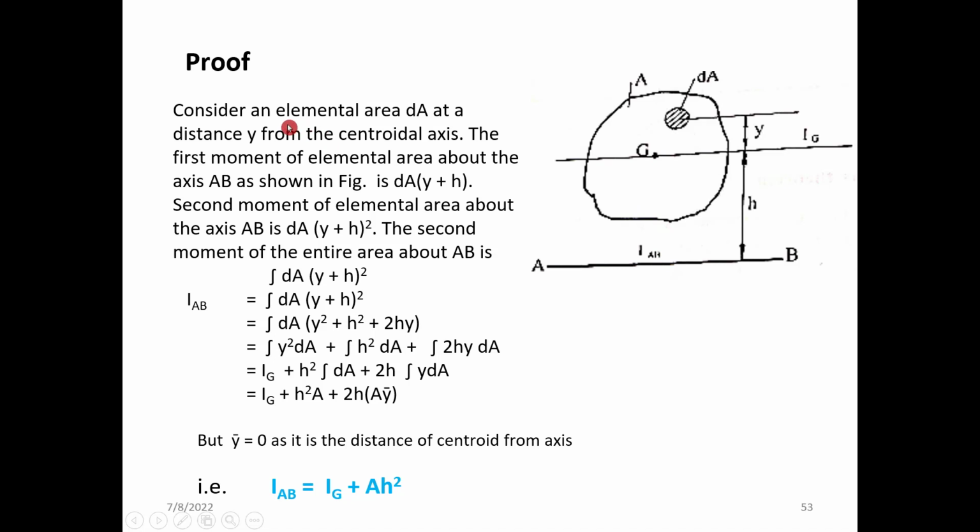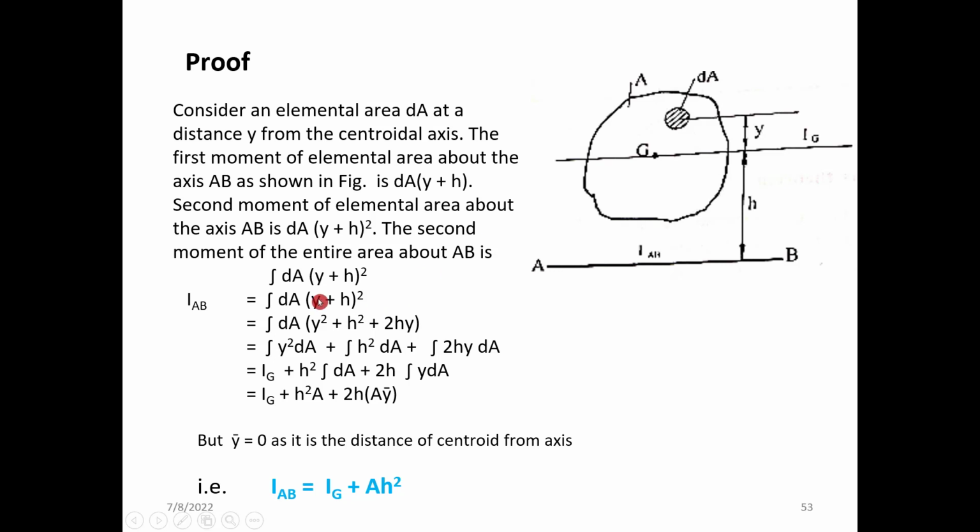As a proof, consider an elemental area dA here at a distance of y from the centroid axis. From the centroid axis y, the first moment of the elemental area about the axis is dA into y plus h. Here h is the distance from the centroid to the considered axis, and y is the distance from the centroidal axis. Second moment of inertia: again squaring, dA into y plus h all square.